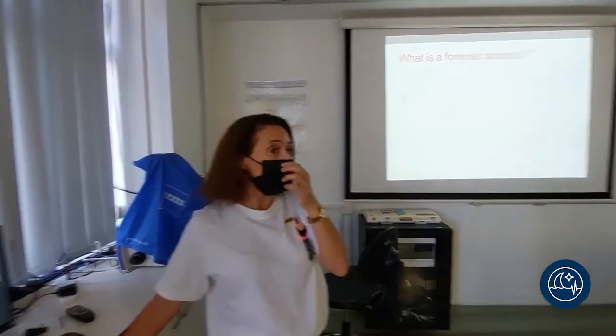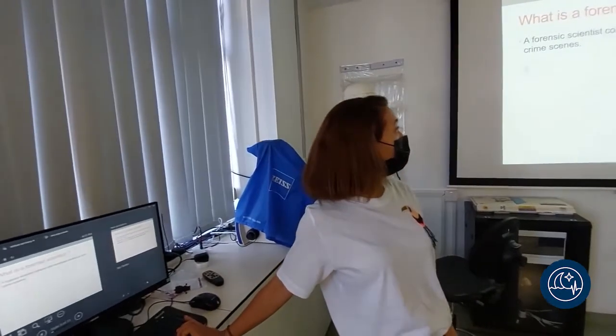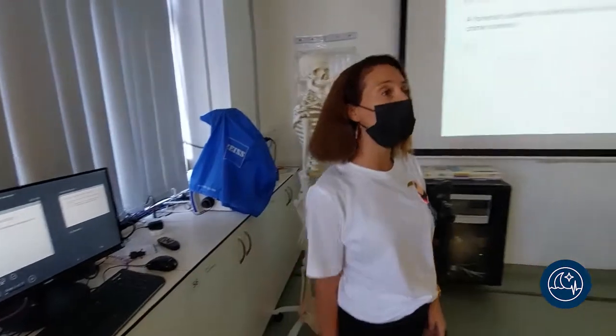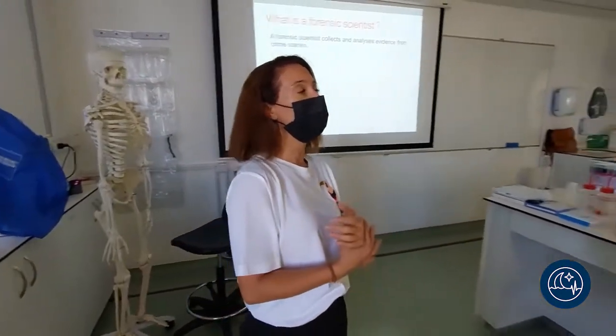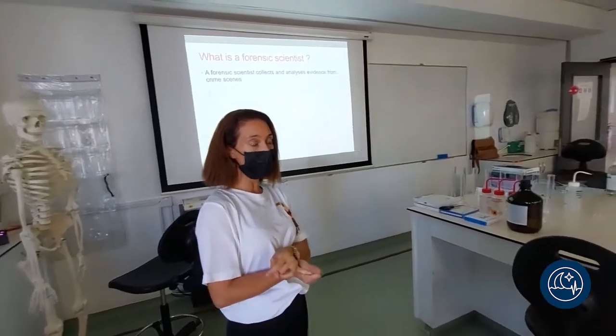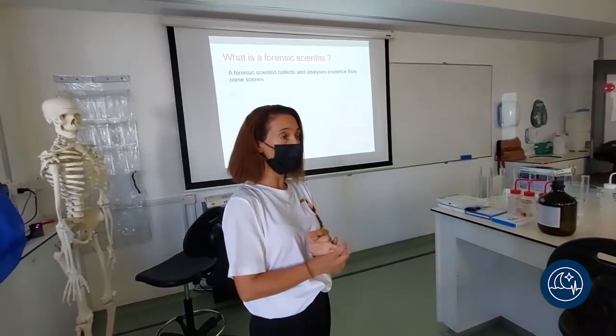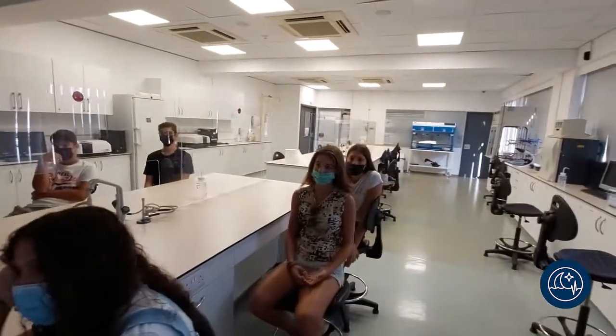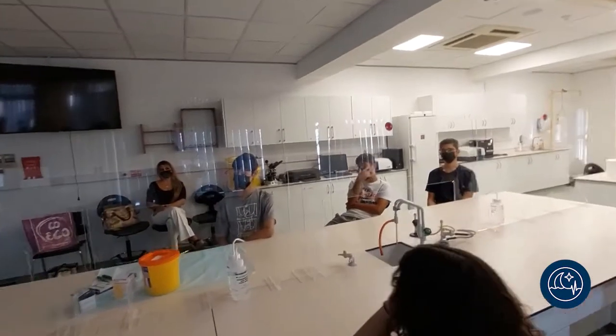So a forensic scientist, I think you told me already, basically collects and analyzes evidence from crime scenes. And you mentioned a couple of things that he may do, which was footprints, collecting blood. What else do they do? Fingerprints. Anything else, guys? Maybe the DNA.